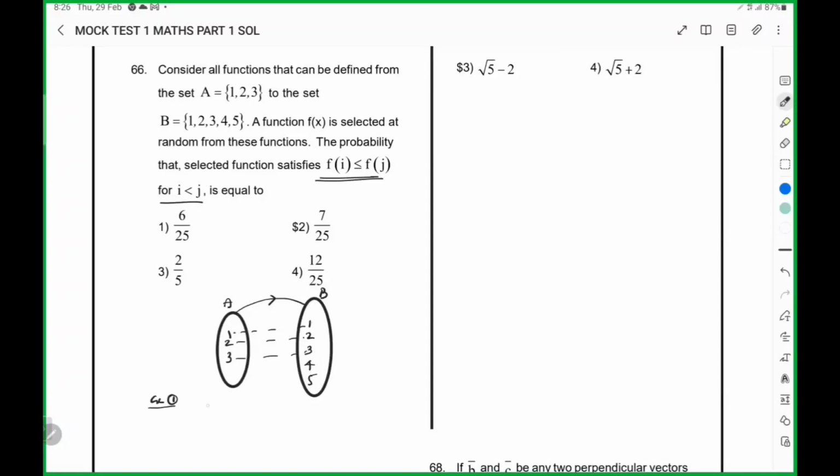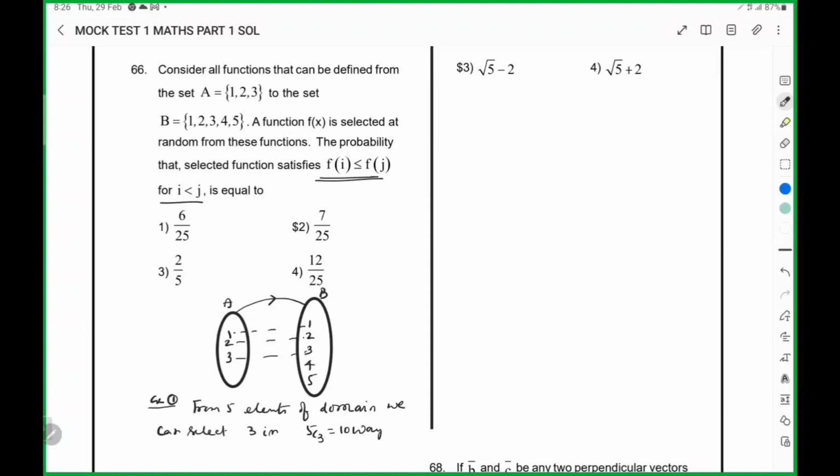How many such mappings are there? From the 5 elements of the codomain we can select 3 in 5C3, that is 10 ways.